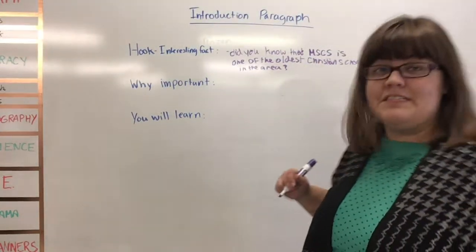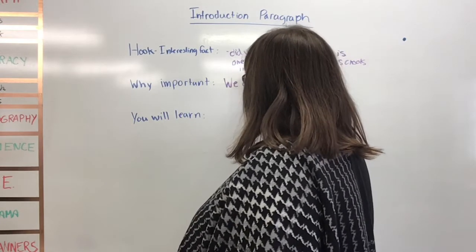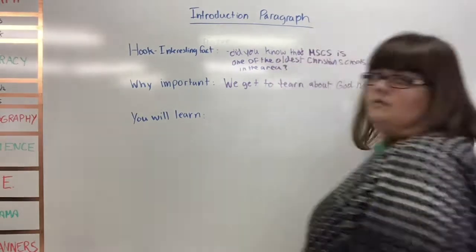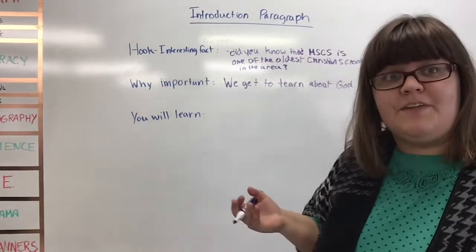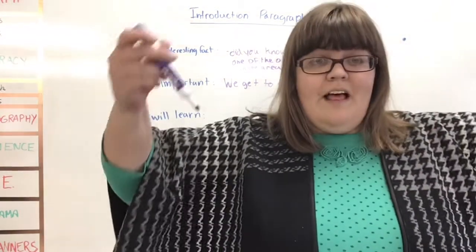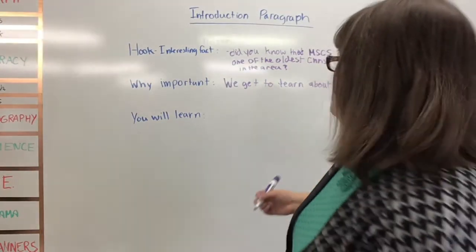Then I'm going to write down something important. What important? There we go. So now I've written something important as well. And finally, I'm going to write something that the readers can know that they're going to learn once they read my paragraphs.